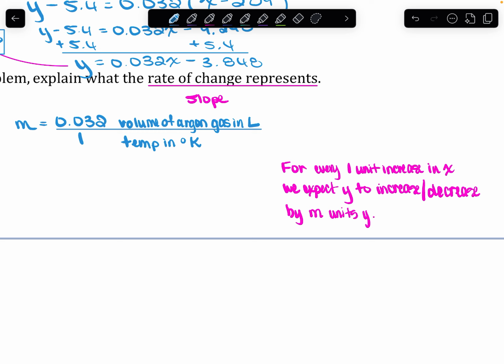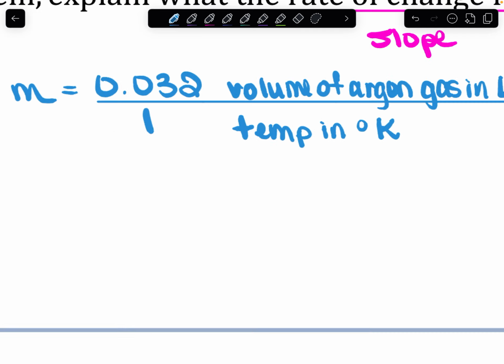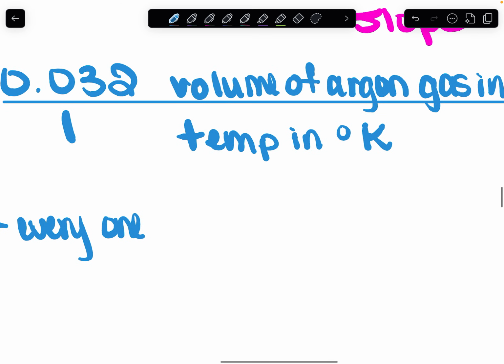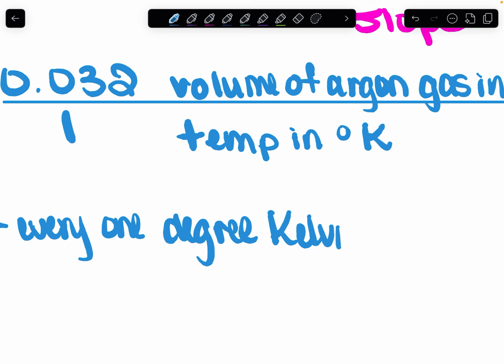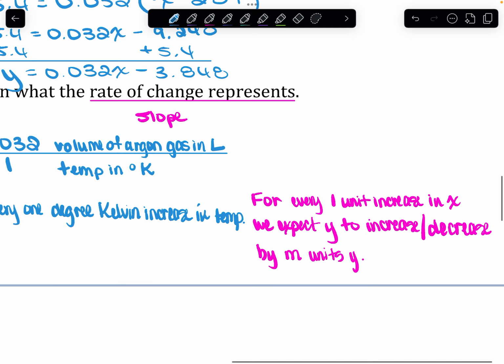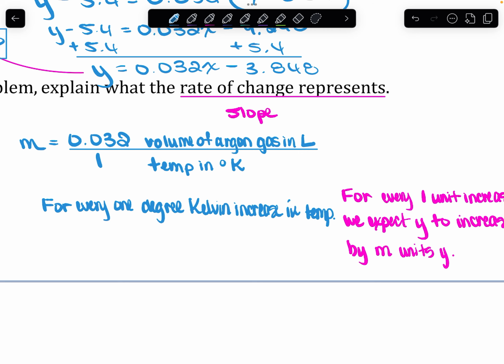So for every 1 unit increase in x, so if I look at x, the units are degrees Kelvin. So for every 1 degree Kelvin increase in temp, we expect y. Y is the volume of argon gas.